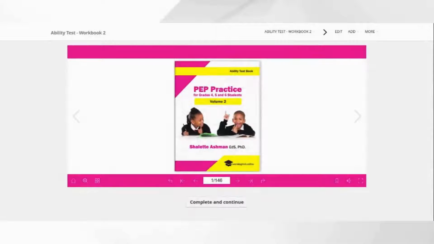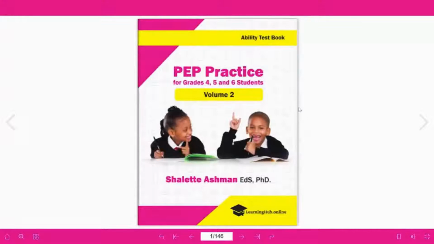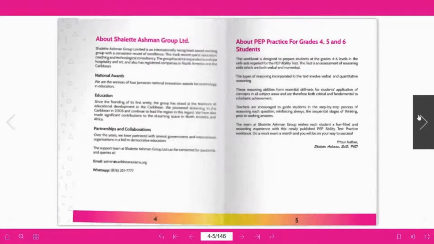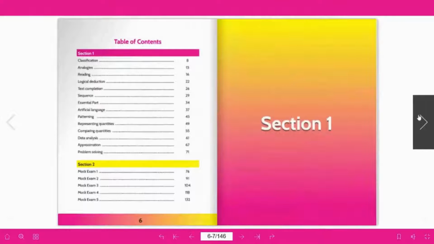All right, that's the workbook that we're using, guys. Ability Test, Volume 2, rather. And you will notice that this workbook covers most of the areas that you'll be tested on in the ability test exam.